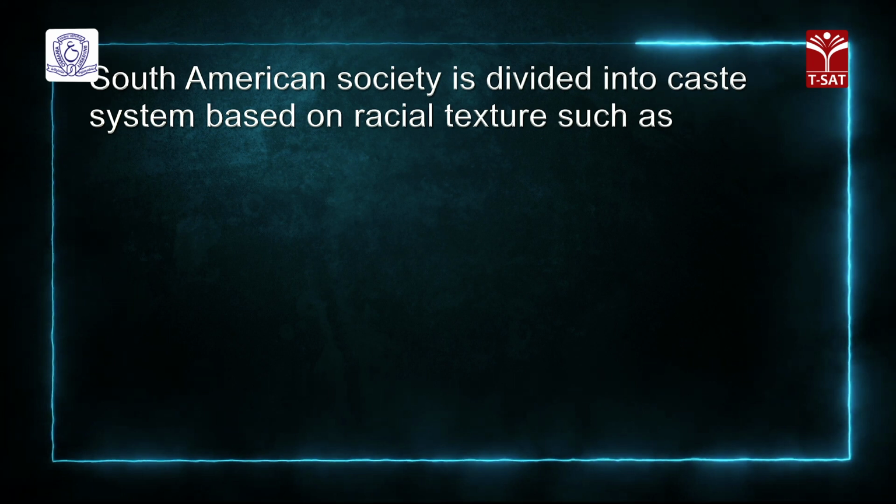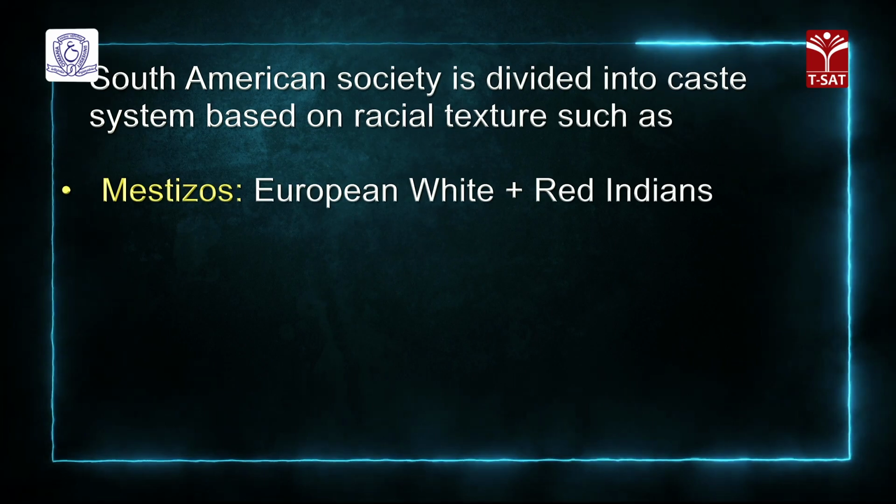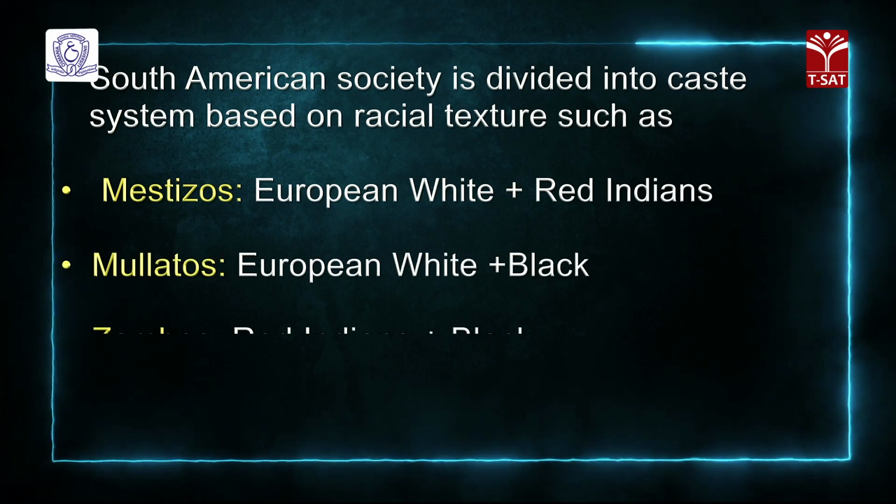The per capita income of Brazil is $8,000 and of Chile is $20,000. South American society is divided into caste system based on racial texture such as mestizos, European white plus red Indian, mulattoes, these are Europeans white plus black, and another one is Zambos, that is red Indian plus black.